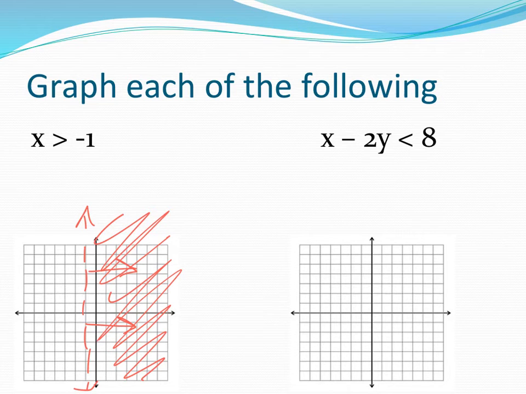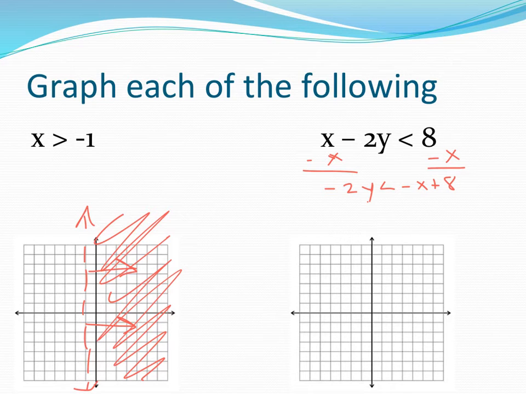All right, next one. Maybe jot this one down, pause the video here, rearrange the equation, and then turn back on and see what I'm doing. Something to keep in mind here is that this gets a little weird, so I'm going to subtract x. So I get -2y is less than -x plus 8.